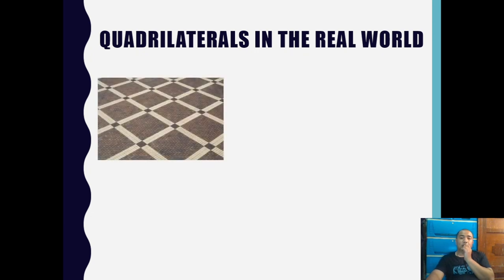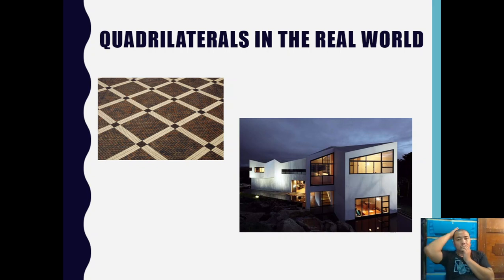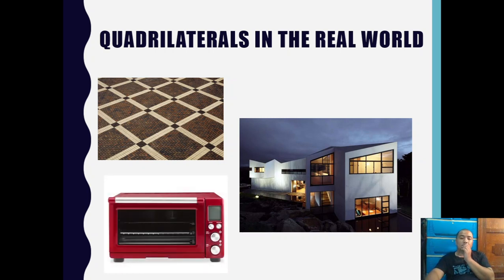Quadrilaterals in the real world. So we have here the floor tiles, square tiles iyan. Sa houses, kita mo ang quadrilateral, sa wall niya, sa windows. And also the oven toaster has the shape of a quadrilateral.